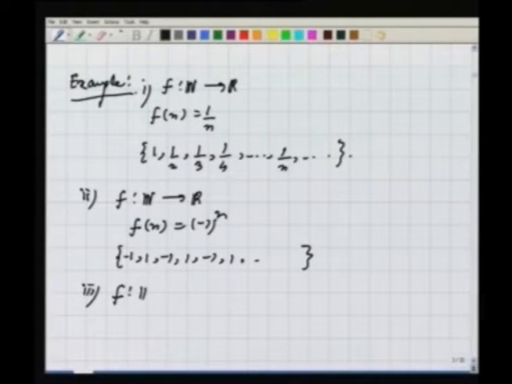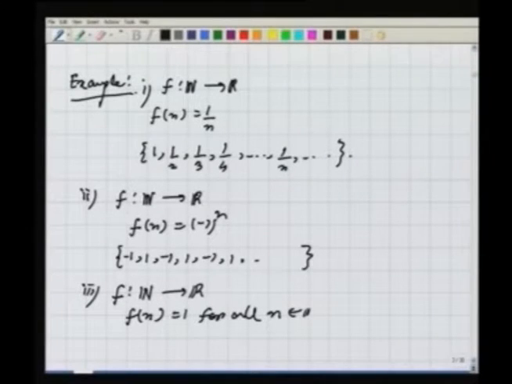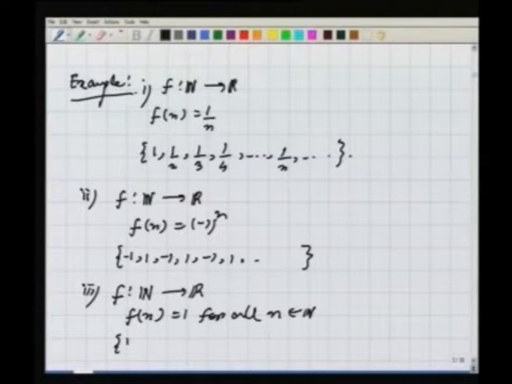Similarly, I can give some more. If I look at the function given by f of n equals 1 for all n, then what does the sequence look like? All the terms are the same. The alternative representation is 1, 1, 1, 1, at the nth place I have got 1, and it continues.